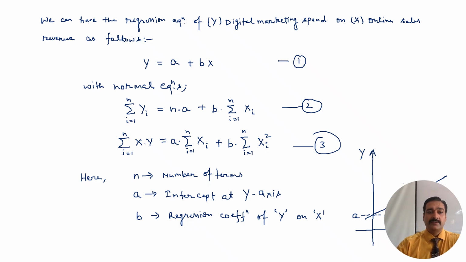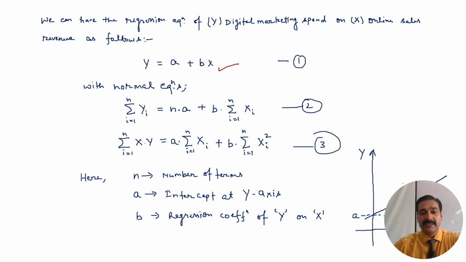Because Y is the dependent variable and X is the independent variable, I will write an equation as I have written here, the first equation: y equals a plus bx, where a is the intercept on the y-axis and b is the regression coefficient of y on x.